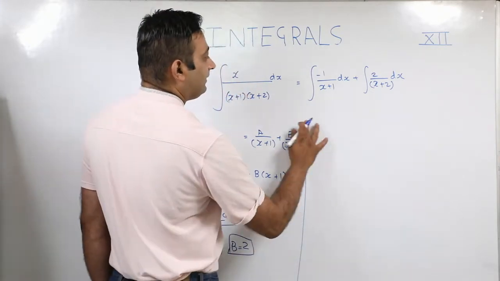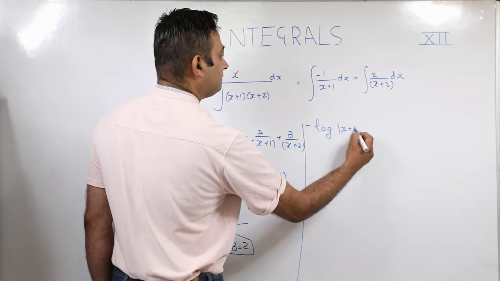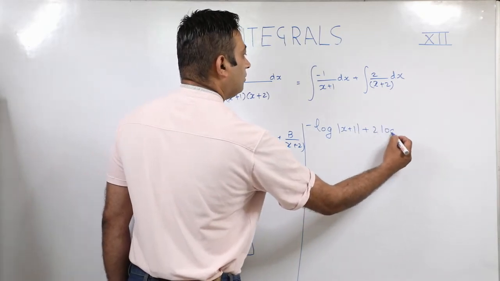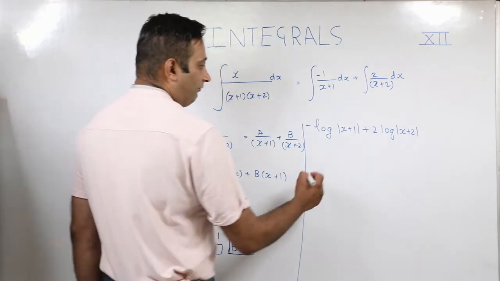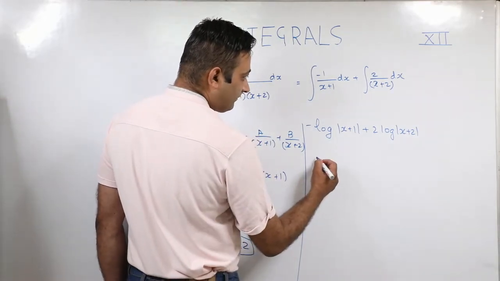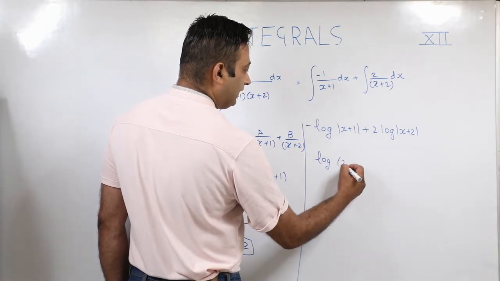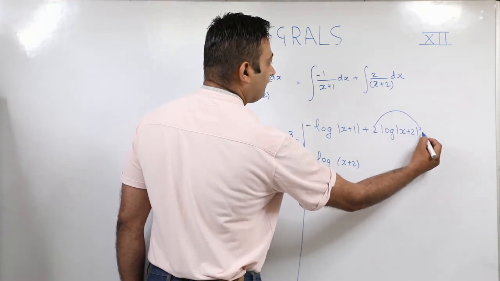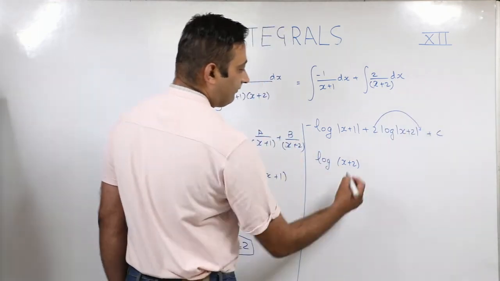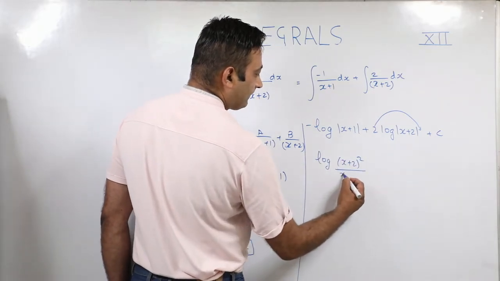So we'll get minus log of mod x plus 1 plus 2 log of mod x plus 2. So what we will have now is log of x plus 2 whole square, because of the property that 2 log of x plus 2 is log of x plus 2 whole square, and minus log of mod x plus 1 will be like this.